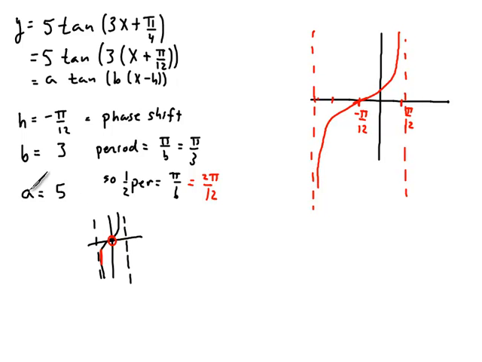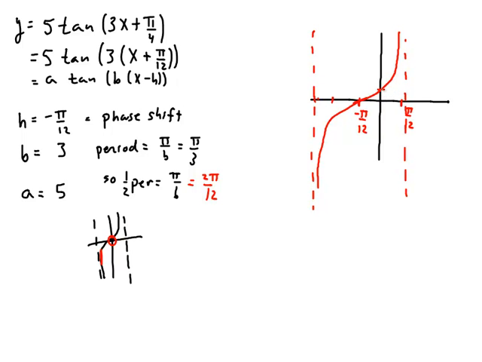The last thing that I need to do is adjust for the vertical stretch. This has a vertical stretch of a factor of 5, and I'm going to show that always halfway between my x-intercept and one of my asymptotes. So halfway between negative pi over 12 and pi over 12, I've actually got the y-axis.